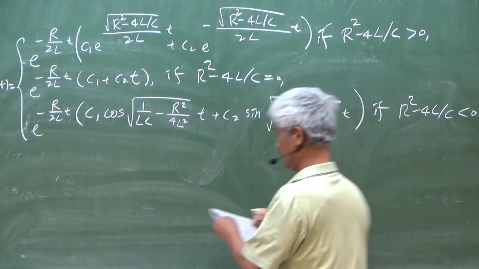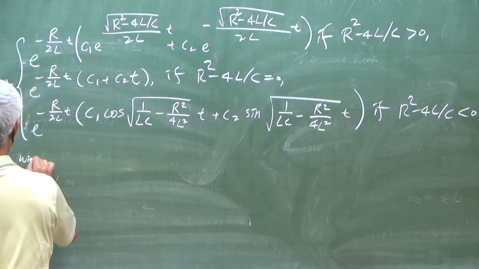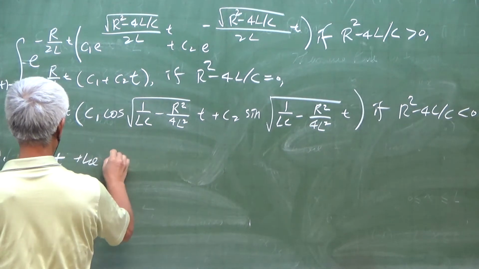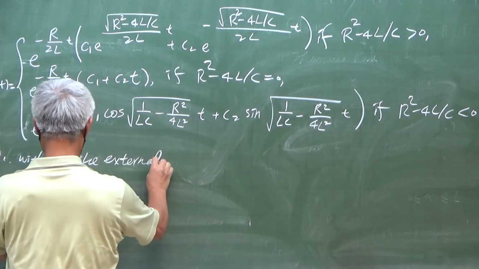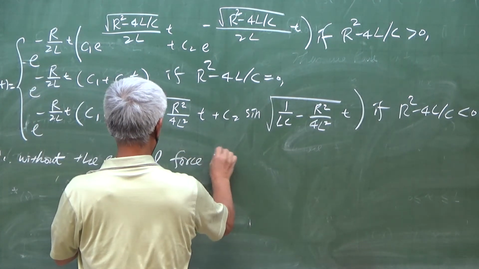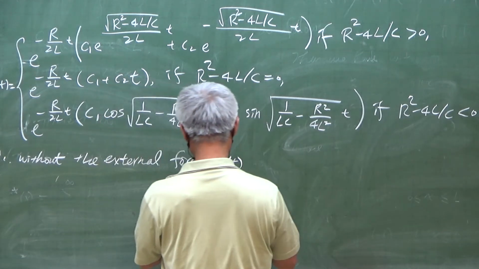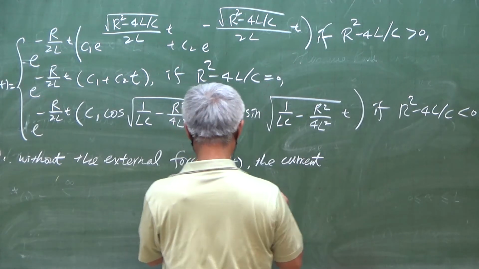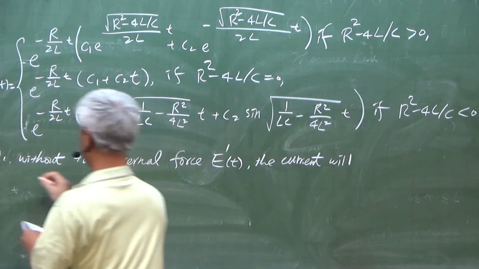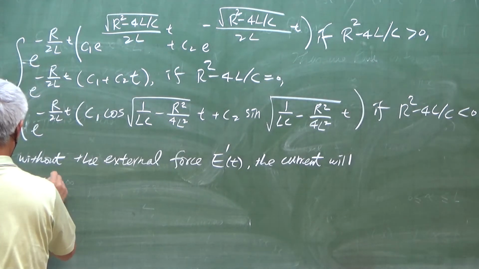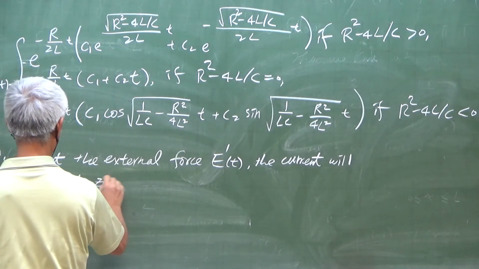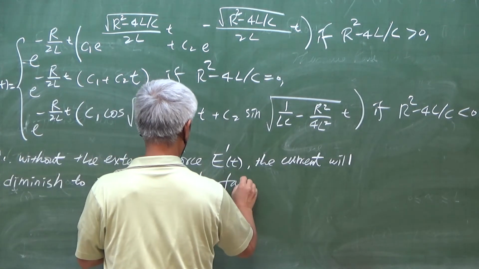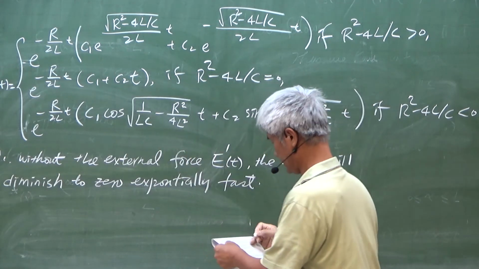So that means that without the external force E(t), the current will diminish to 0 exponentially fast.